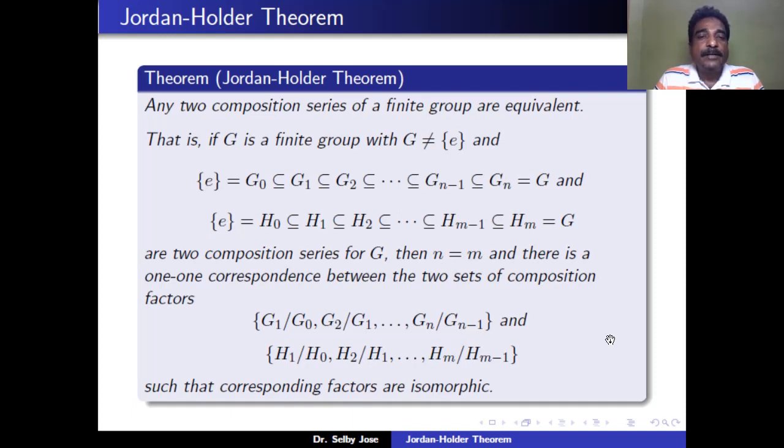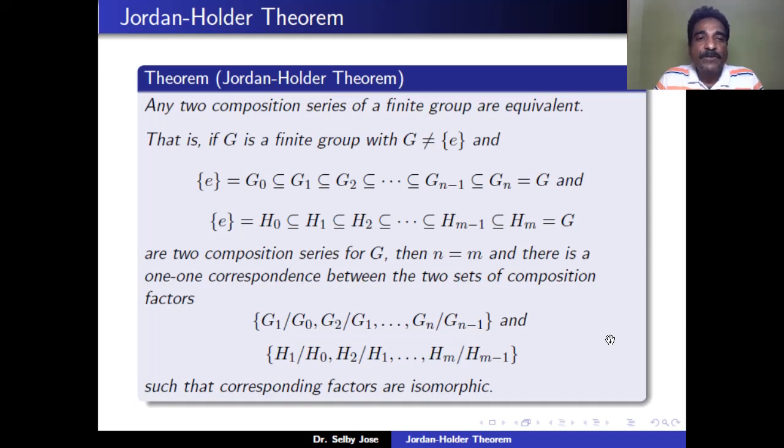That means that the number of terms, that means n is equal to m, and there is a 1-1 correspondence between the set of factor groups of both the composition series.